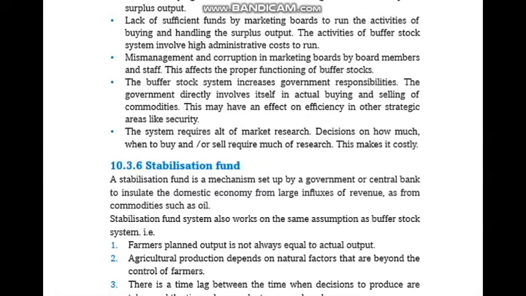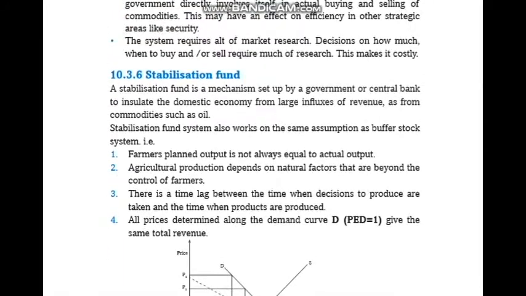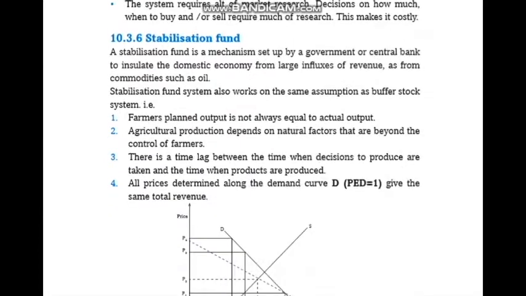The government directly involves itself in actual buying and selling of commodities. So, the system requires out-of-market research. Decisions on how much, and when to buy and or sell require much research. This makes it costly.